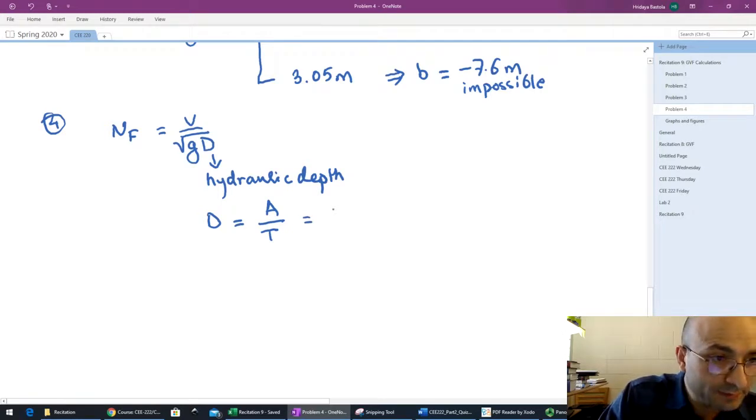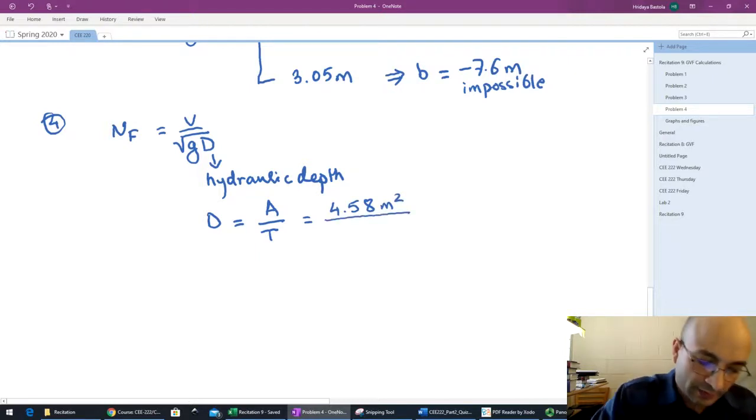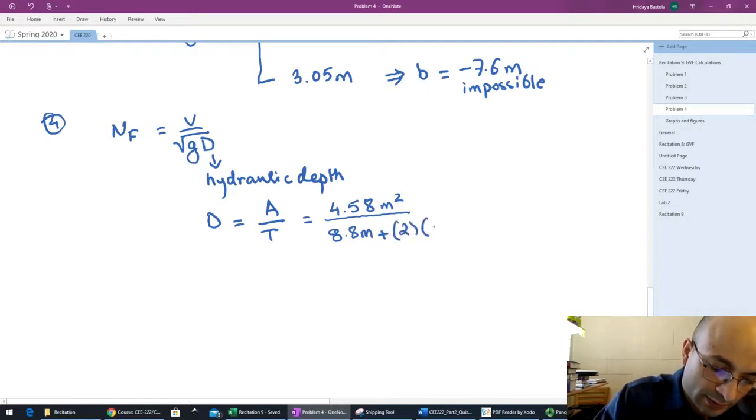So cross-sectional area we've already calculated, 4.58 meters squared, divided by the top width, which is bottom width, 8.8 meters, plus 2 times the side slope, which is 3, times the water height, which is 0.45 meters.